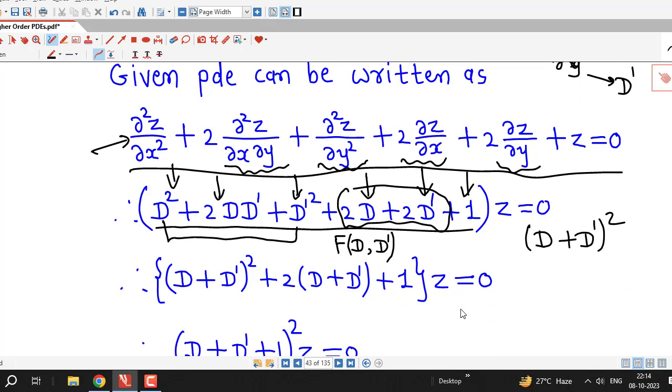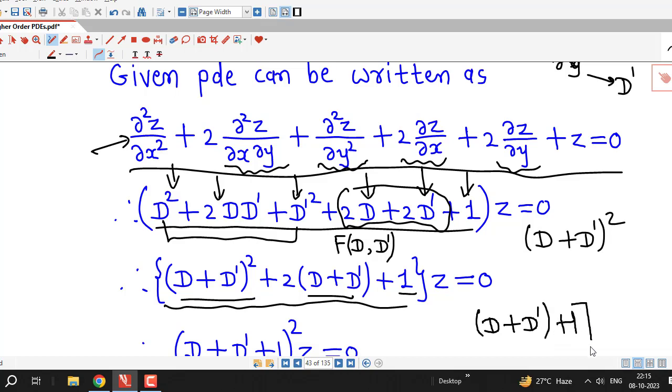So that I have written here: D plus D dash whole square plus 2 times D plus D dash plus 1, and this quantity is nothing but the square of D plus D dash plus 1. If I take the square of D plus D dash plus 1, then I will have D plus D dash whole square plus 2 times D plus D dash into 1 plus the square of 1, which is 1.